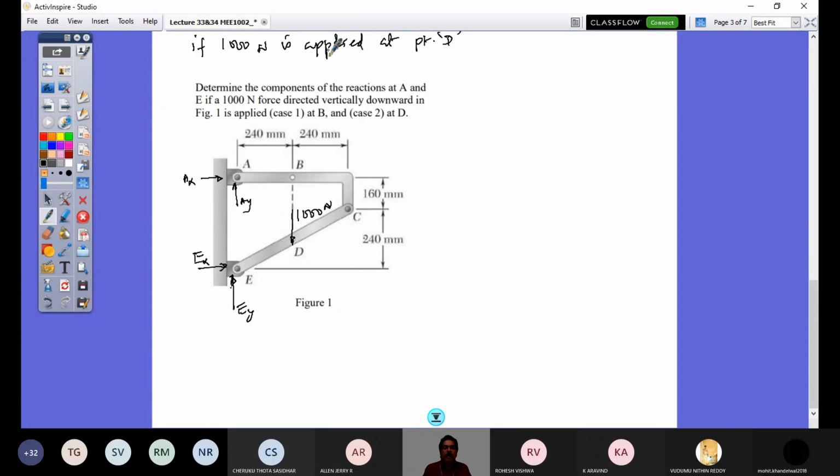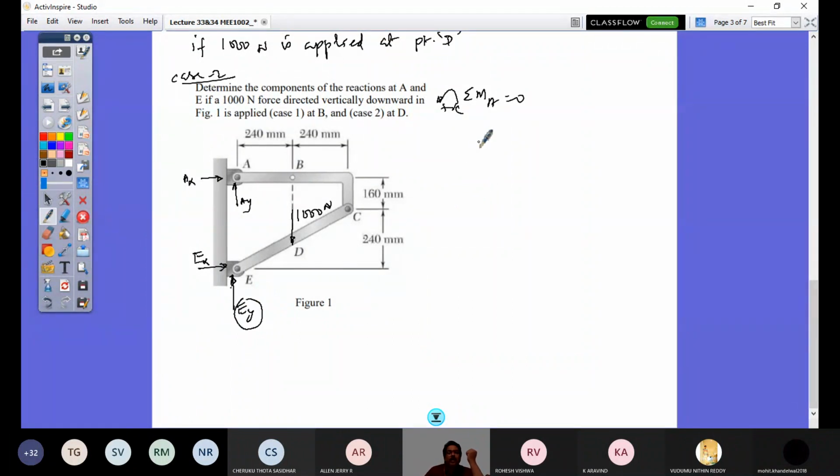And the same way, if I continue, considering the entire free body diagram, that would solve for my reactions at A and E. So this is case 2. Now at point D, this force is considered. By taking moment at A equating to 0, I would solve for EX. This would be the same as earlier, because the moment arm on this force is not changing.